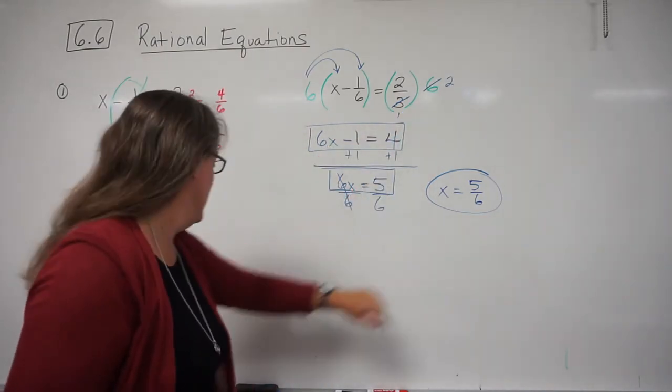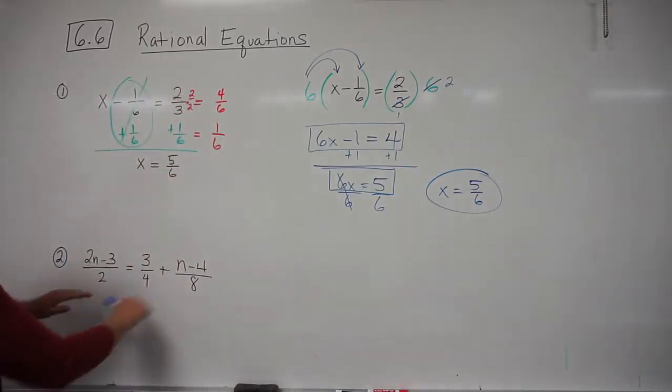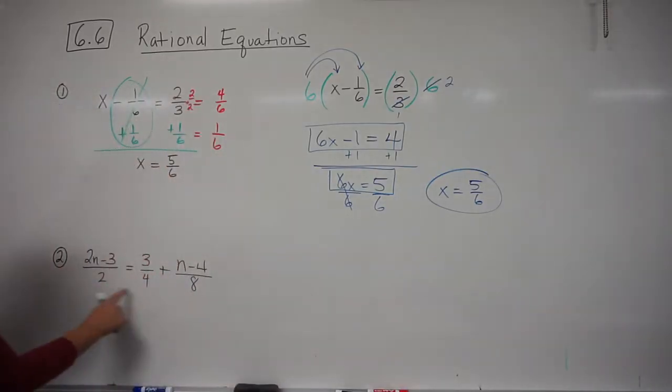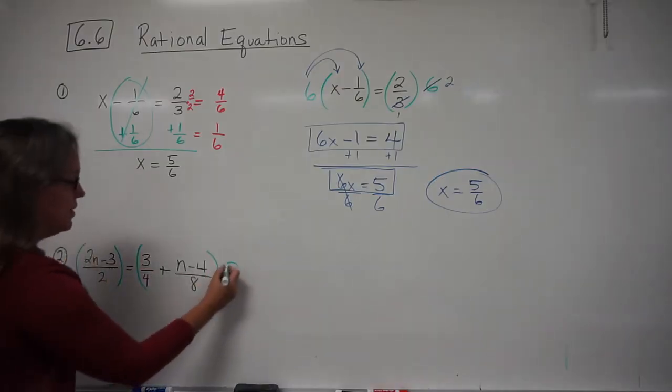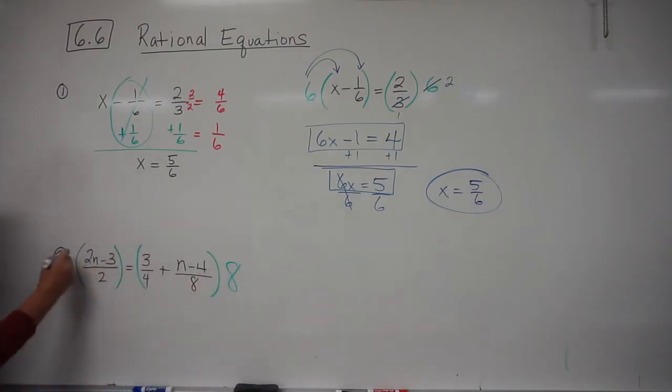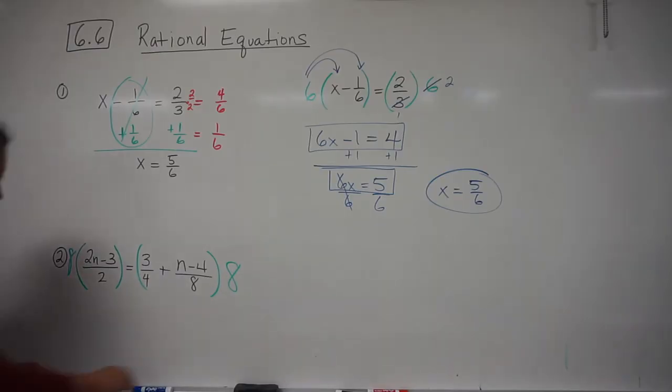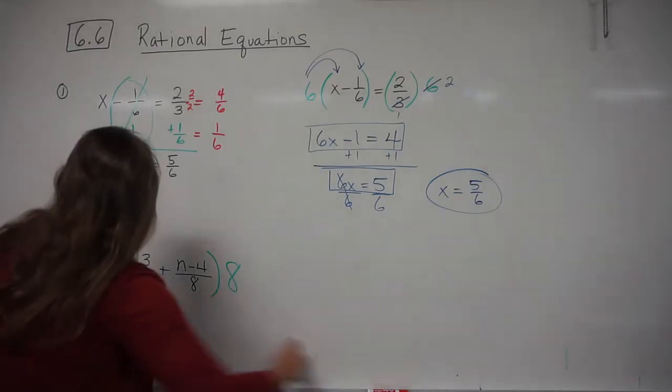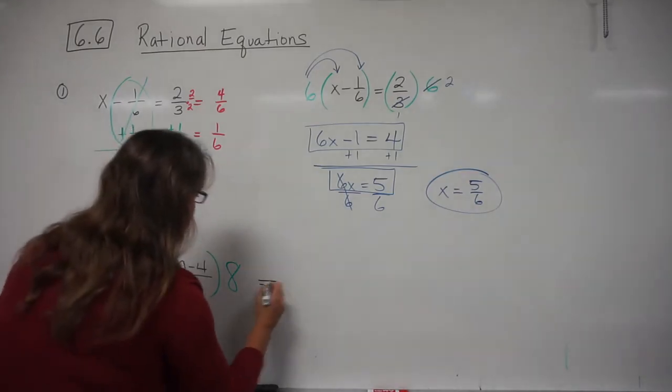So doing this example here, our LCD of 2, 4, and 8 is going to be 8. So I'm going to multiply both sides of the equation by an 8. Okay? What that gives us, well, let's see.